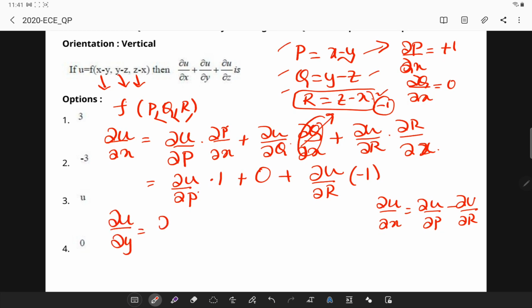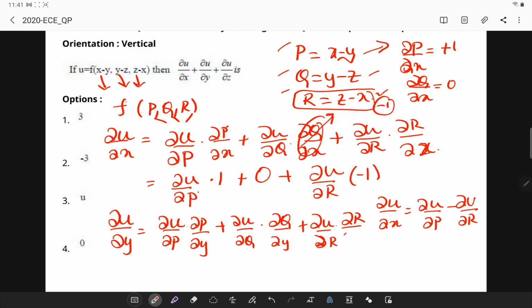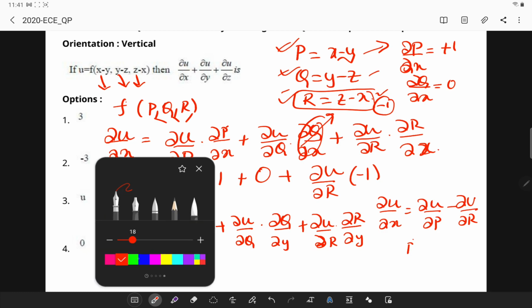Similarly, if I write for ∂u/∂y, it will be ∂u/∂p into ∂p/∂y plus ∂u/∂q into ∂q/∂y plus ∂u/∂r into ∂r/∂y.